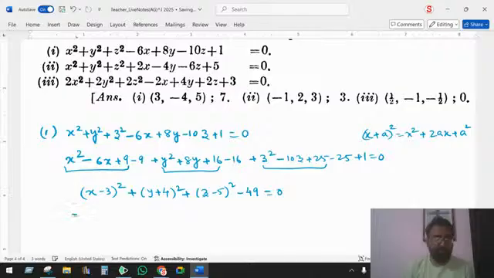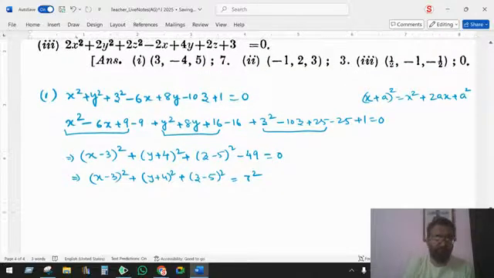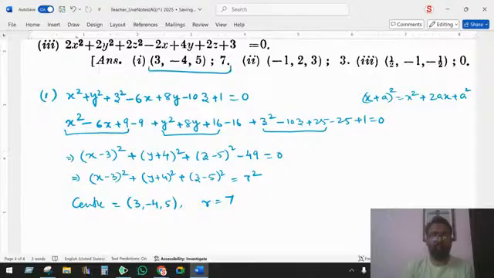So your equation becomes x minus 3 whole square plus y plus 4 whole square plus z minus 5 whole square is equal to 49. We can write it as 7 square. What is the center? 3, minus 4, 5. And what is the radius? It is equal to 7. So it is very fine.